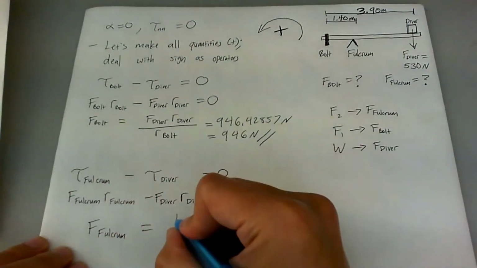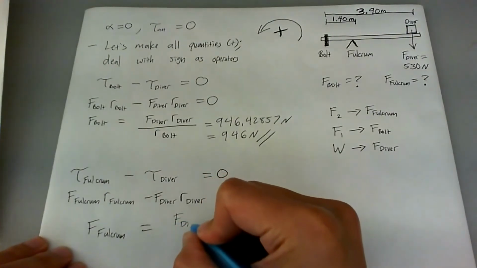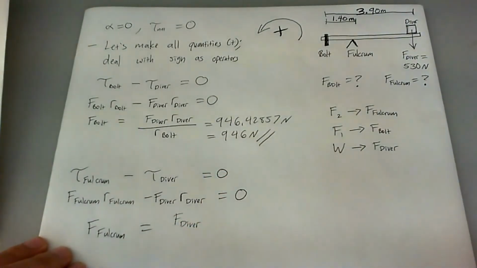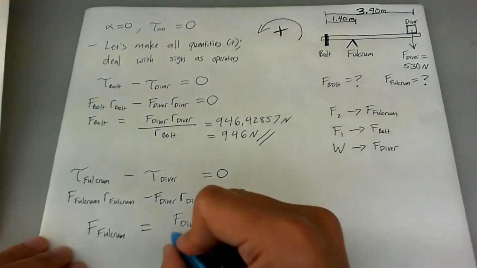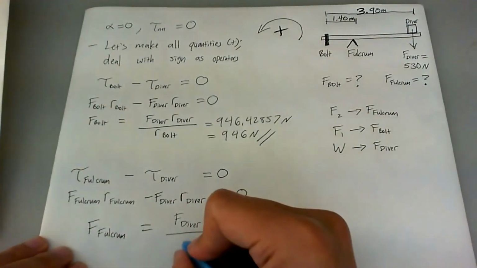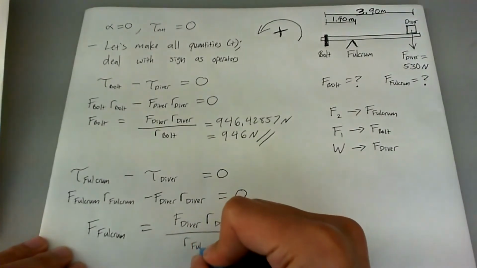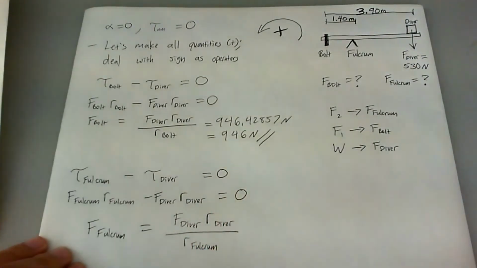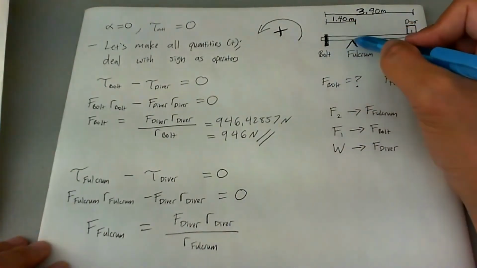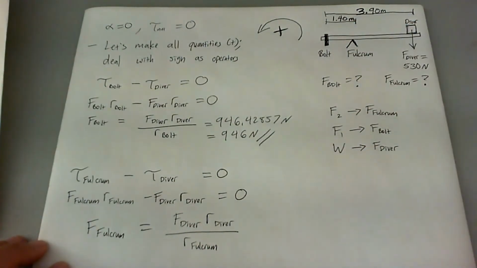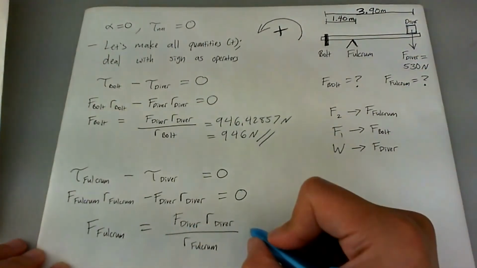That's going to equal F diver times R diver divided by R fulcrum. Again, R diver is 3.9, R fulcrum is 1.4, and F diver is 530 newtons.